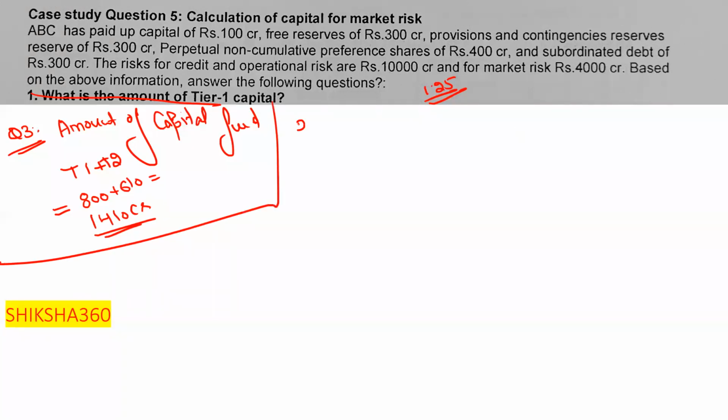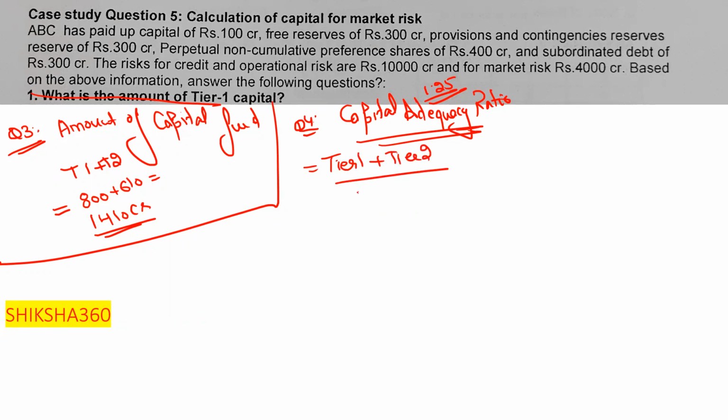Now move to question number 4, that is capital adequacy ratio. What is the capital adequacy ratio? It is equal to tier 1 plus tier 2 upon risk weighted assets.